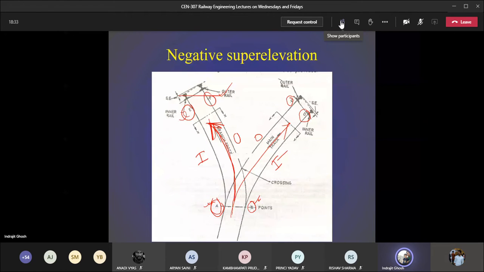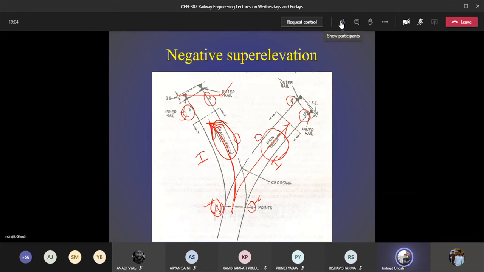Obviously, this is the main line and this is the branch line. So we provide A at a higher location than B, because A is to be placed higher considering the main line. We give priority to the main line and set up the elevation in such a way that A is higher than B. But in the case of the branch line, what is happening?